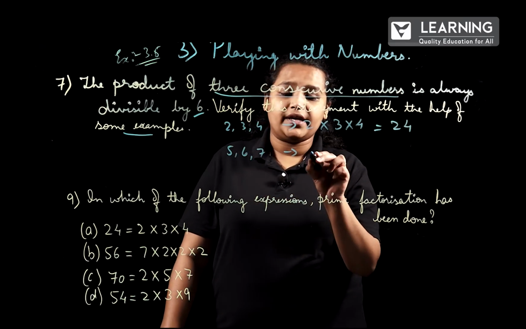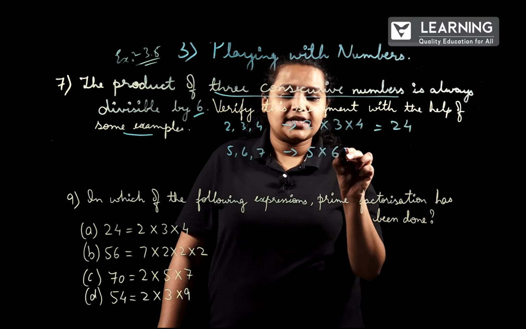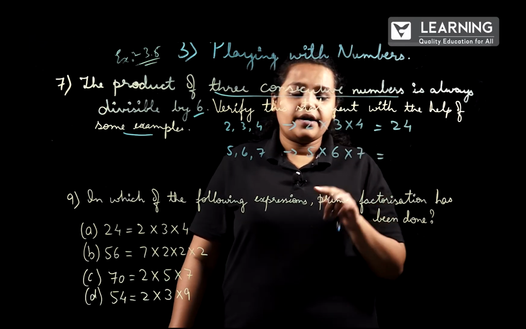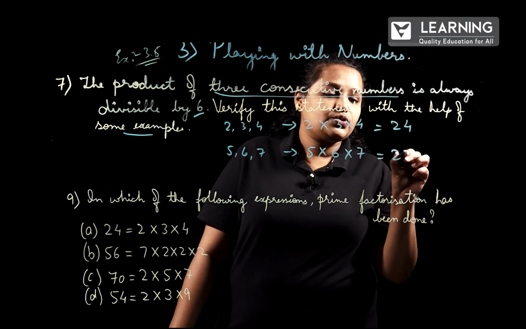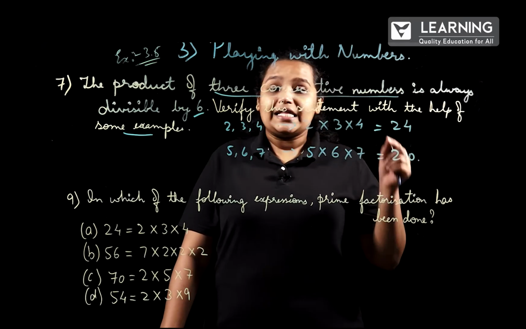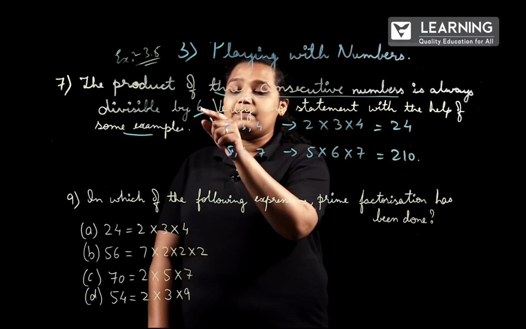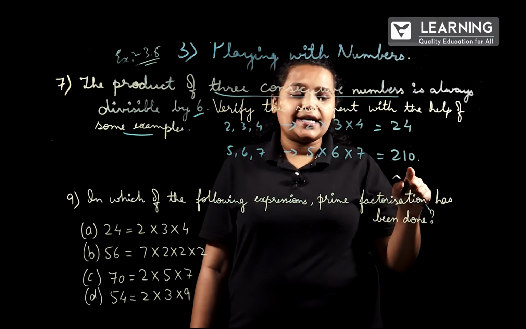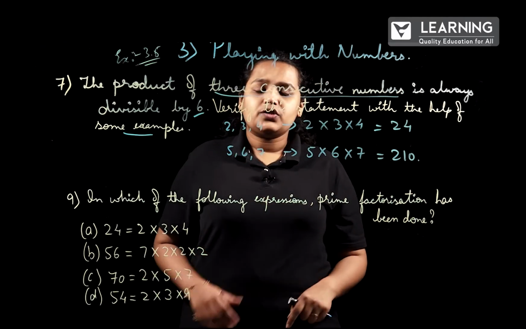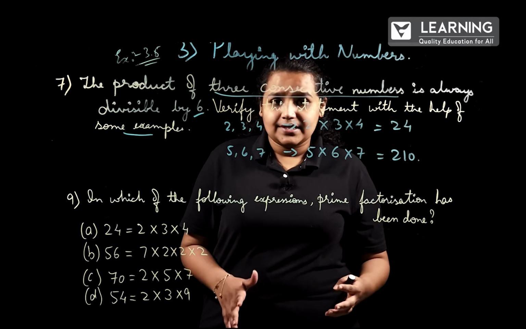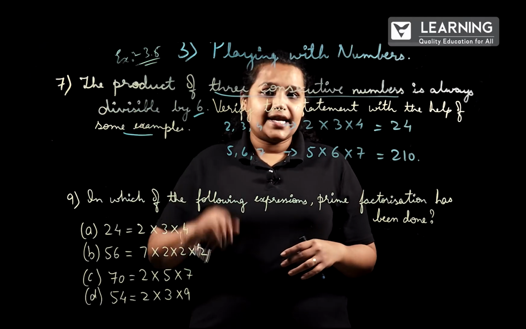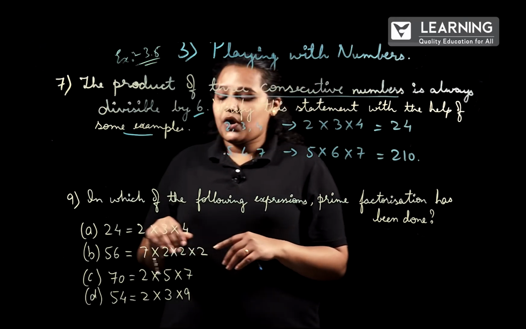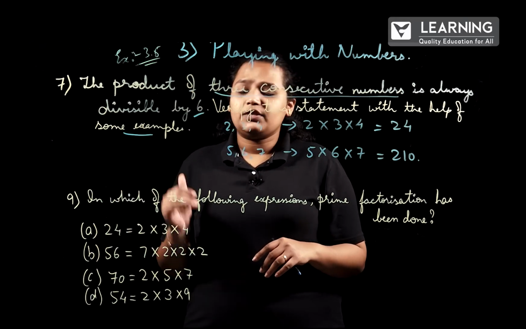So that will be 5 into 6 into 7. 5 6s are 30, 30 into 7 will be 210. Yes, this will be divisible by 6, that is 210 will be divisible by 6. So you can just give 2 or more examples as a reason for the given statement. Okay. So the next problem which I have chosen here is the 9th problem.